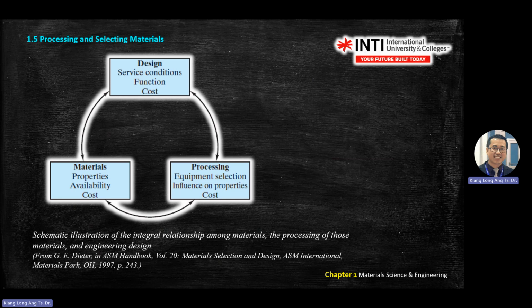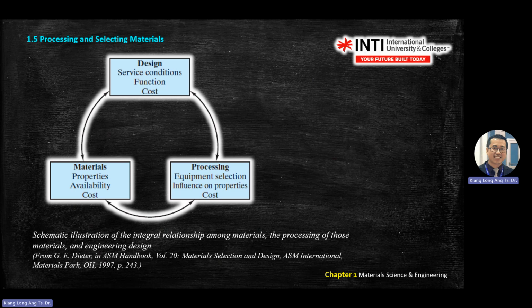Okay, so when you go into the processing chapter, we will study this cycle: design, material, and processing. This one is one chapter itself, mechanical properties. Design is not inside this module. However, this design will link with these mechanical properties.